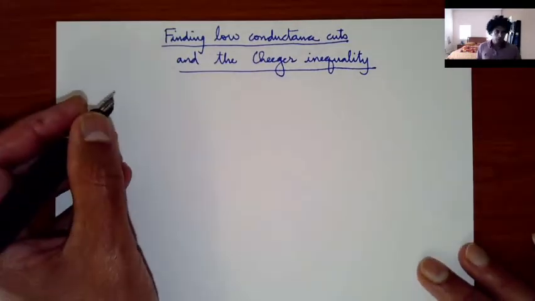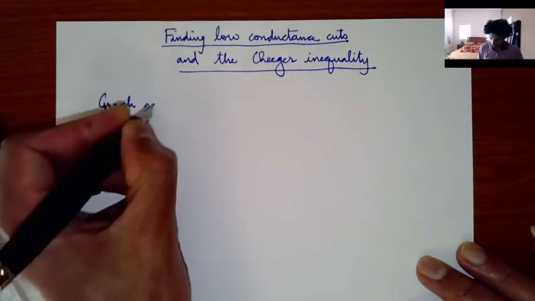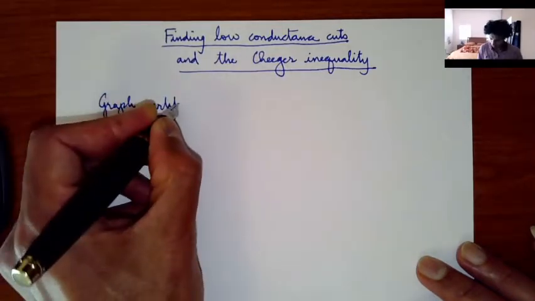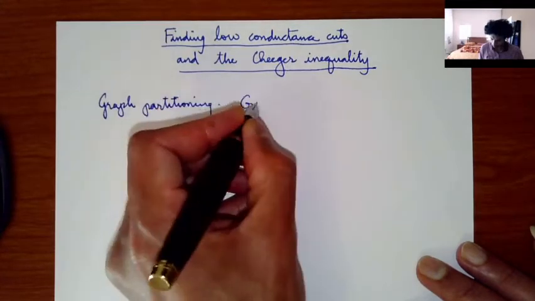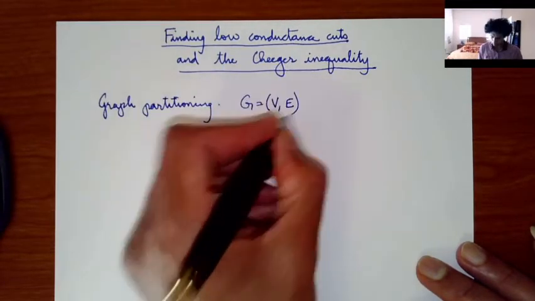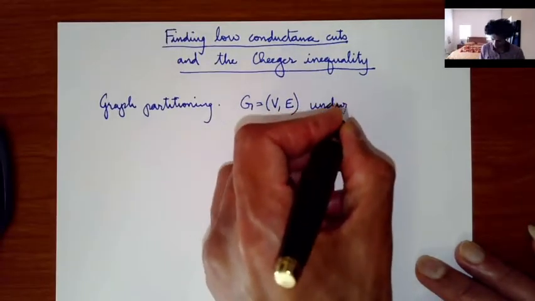So the idea really starts basically with this classic problem of graph partitioning, which is you're given some graph G equals (V, E), and we'll think of this as undirected.